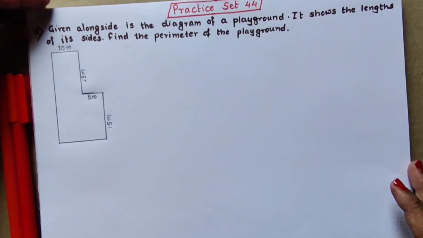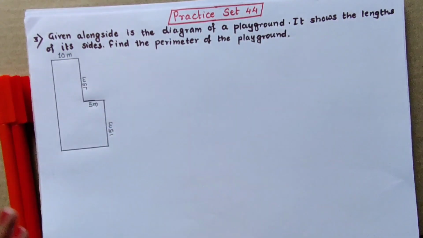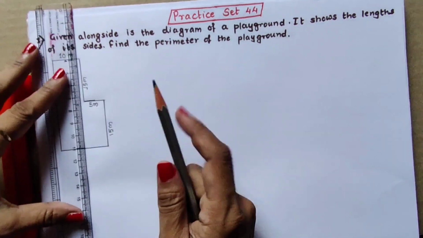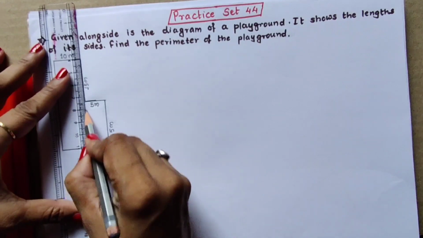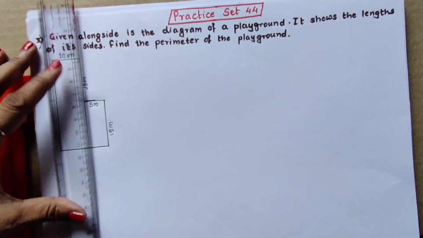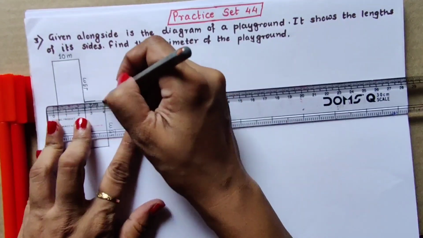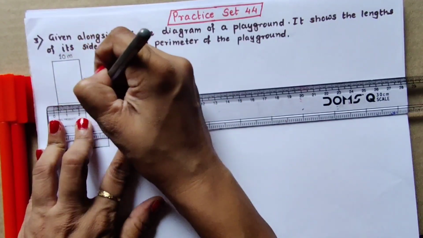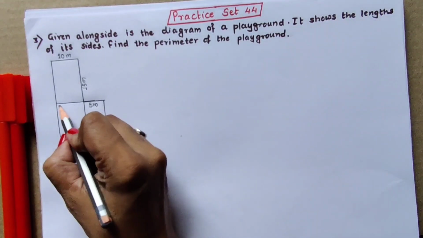Now see children, to find the lengths of these remaining 2 sides, we require to draw perpendiculars. From this side, I will be drawing the perpendicular on the base side. As you all can see, this is perpendicular drawn here. Now, from this side, I will be drawing the second perpendicular horizontal line, which will be perpendicular. Okay, so these are the perpendicular lines which we have drawn.